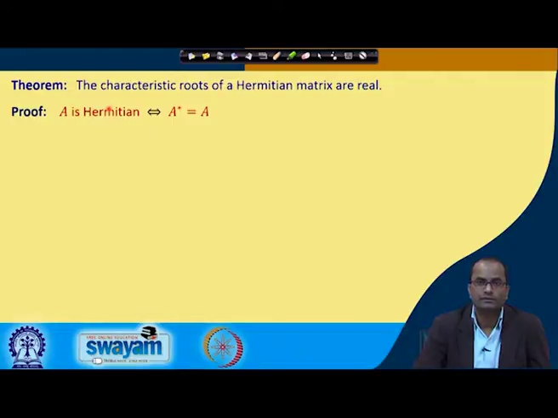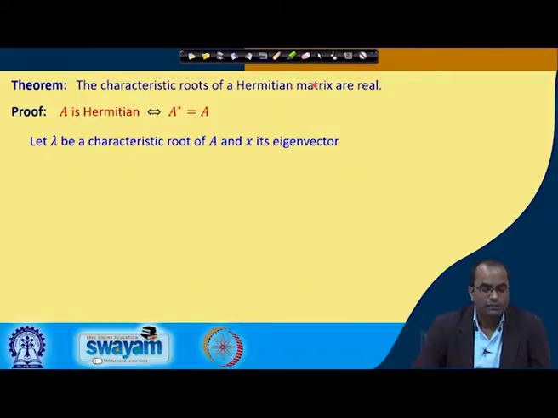We have seen in previous lectures an example of a very simple 2 by 2 matrix with real entries whose characteristic roots, the eigenvalues, were non-real, so complex. Here we have at least the result that for a Hermitian matrix all the characteristic roots are real.